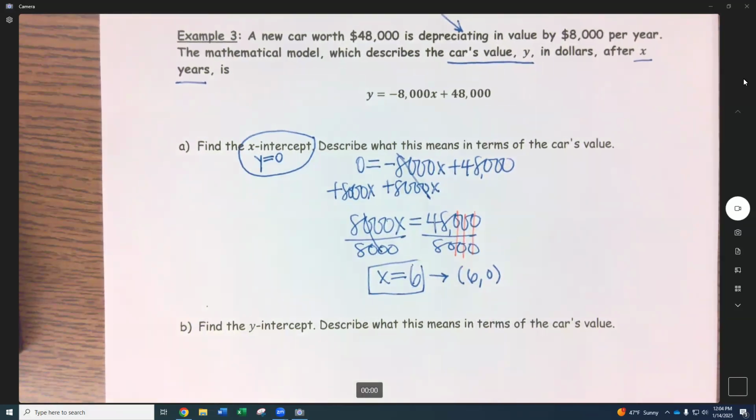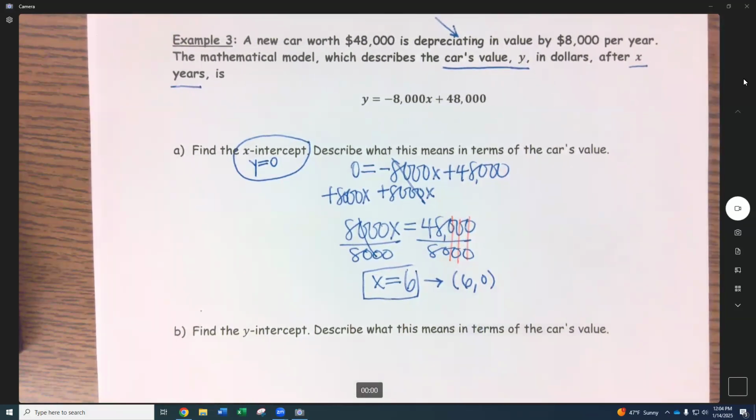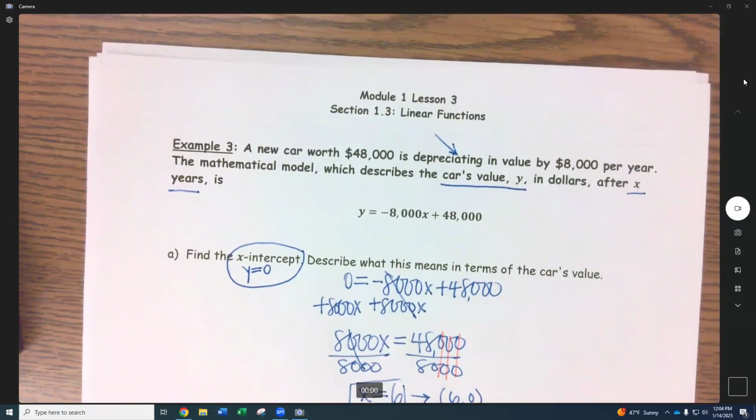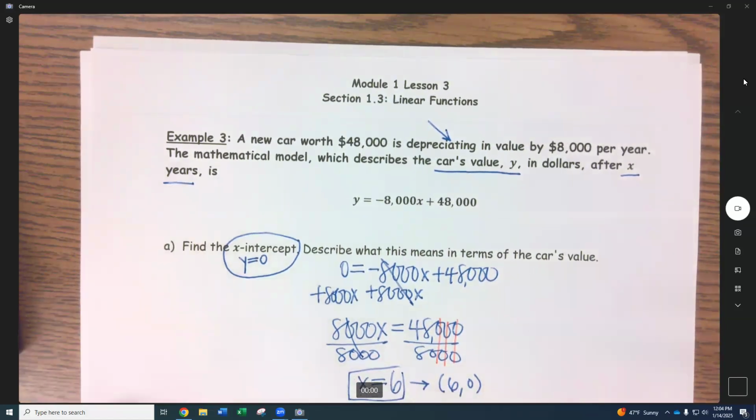Now, not only do I need to find the x-intercept, but I also need to describe what this means. I'm going to do it for this one, and then you guys are going to pause the video and try to do it here for B. My x is 6, and I'm told that x is the number of years.